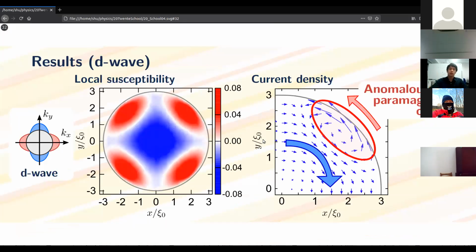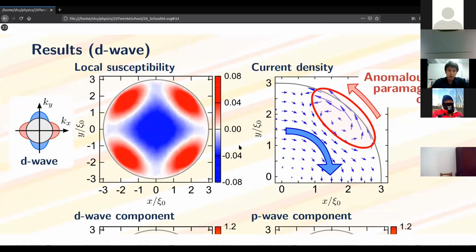So we can get the results for the D-wave superconductors. In this case, at these four surfaces, we can find the anomalous paramagnetic response. And the current densities are shown here. At the center of the disk, the usual diamagnetic current flows. However, at the surface, we can see that the anomalous paramagnetic current flows.